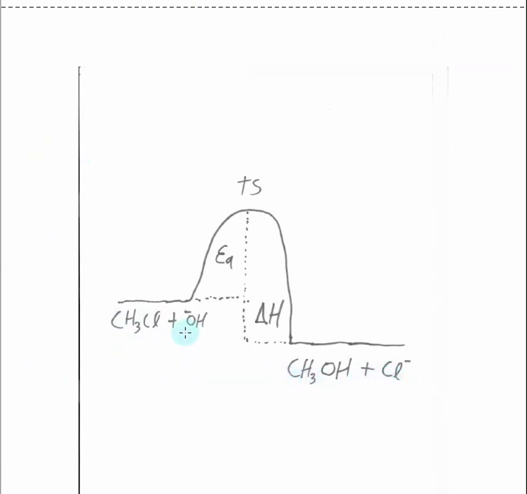Notice that overall my negative charge gets transferred from my nucleophile to my leaving group, and in this case the negative charge is more stable on the leaving group, so we are going down in energy. The difference between the energy level of my reactants and my products is delta H, and this drop means we're going lower in energy. That means this reaction's exothermic.